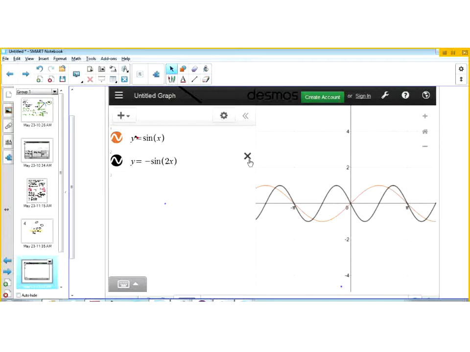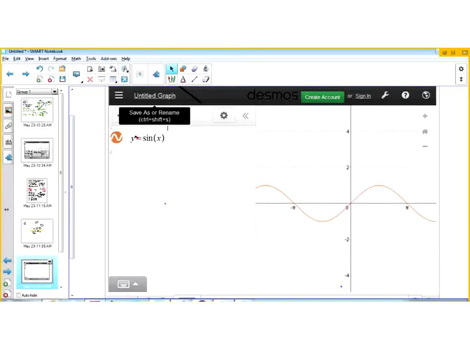So let's look at that. All right, so I want to sketch the graph of y is equal to negative 2 sine of 2 pi x.